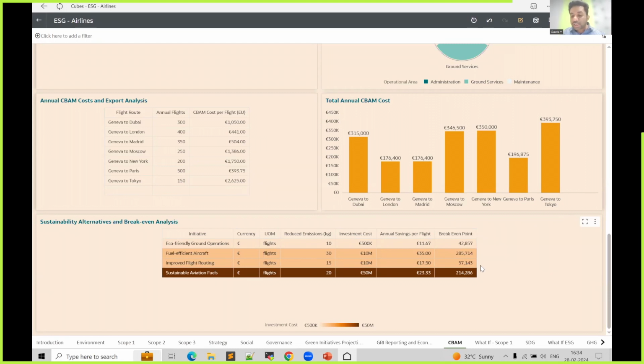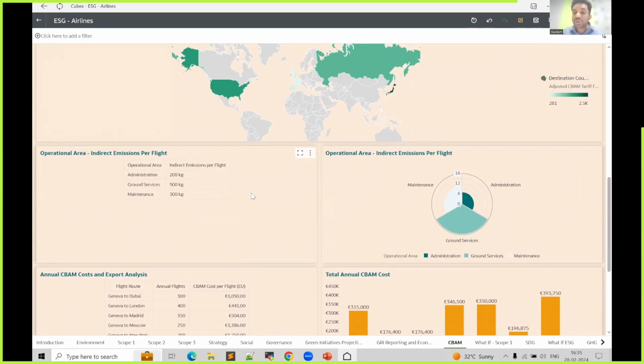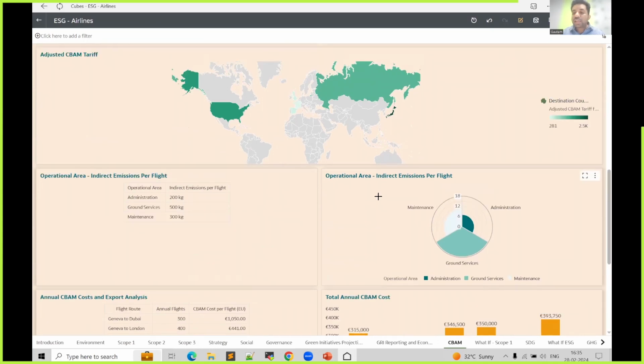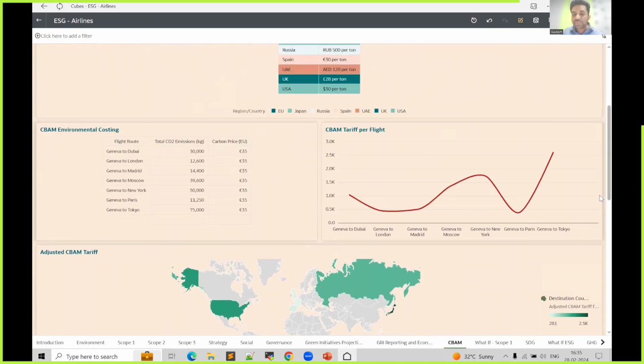Now, how will this get computed? The break-even point is computed based on my annual savings and investment cost. But your annual savings is based on your carbon border adjustment cost, which is based on your annual flights and the carbon pricing. And carbon pricing is based on your emissions, which will be direct and indirect emissions, per flight and per region, each with its own split-up.